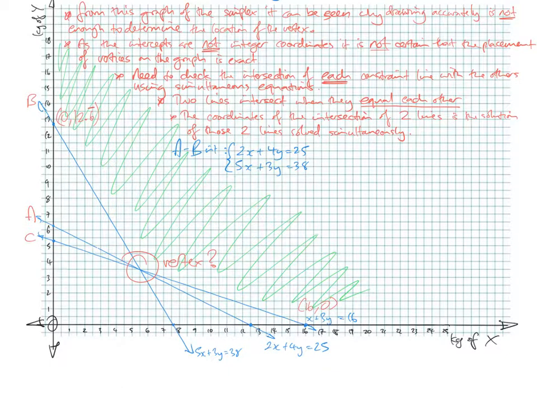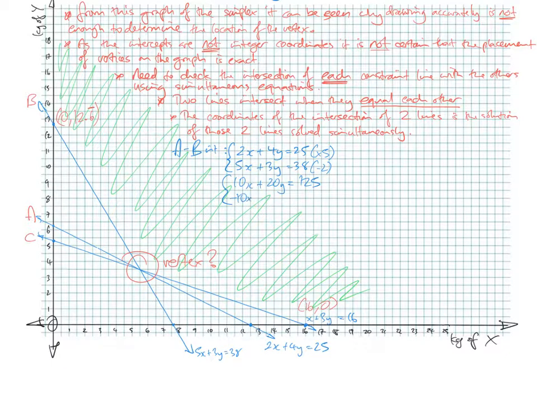So I need to use these processes that you've done early on in the timeline, which was to solve by elimination. Multiply the top line by 5, multiply the bottom line by -2. That will give me 10x plus 20y equals 5 times 25, 125 on the top line.